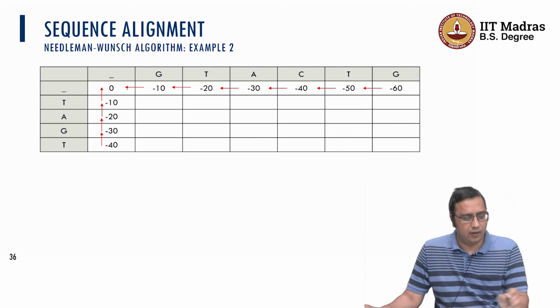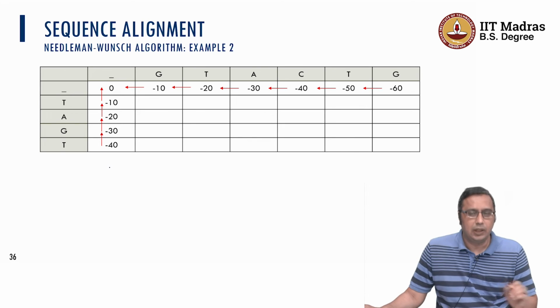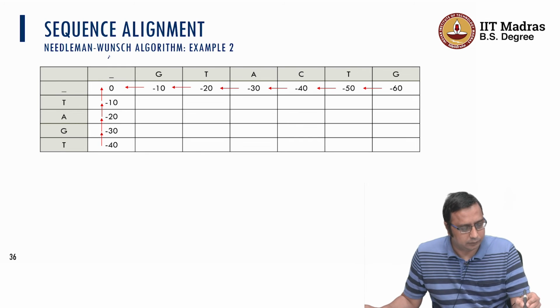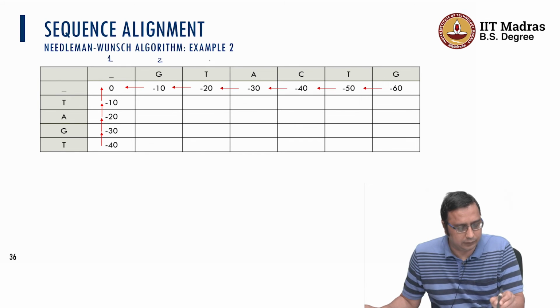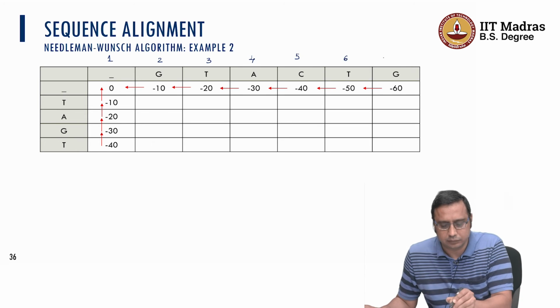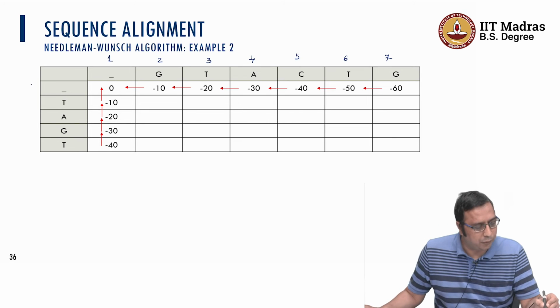So we have filled the first row and first column. For the sake of completeness, let me put all the numbers here so we can do computation without much difficulty.